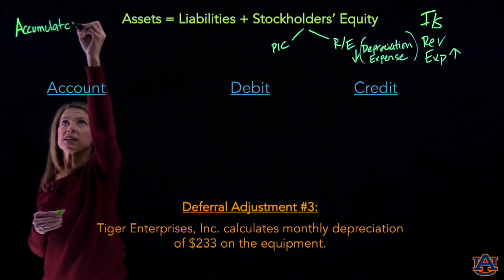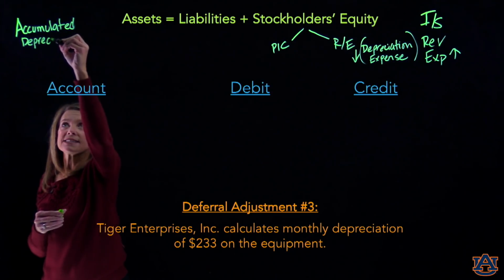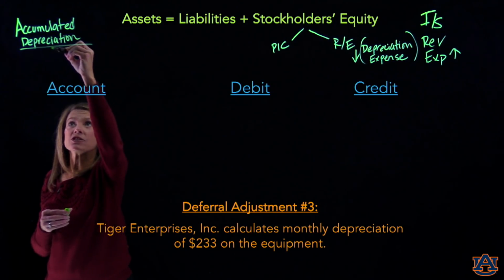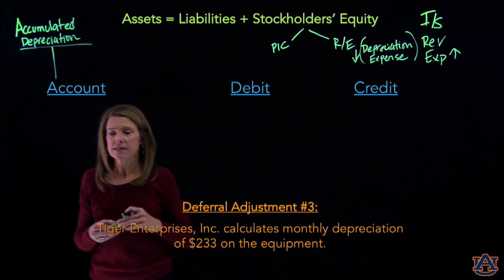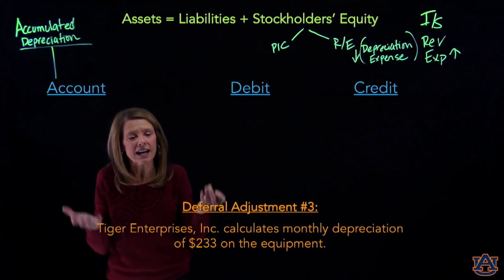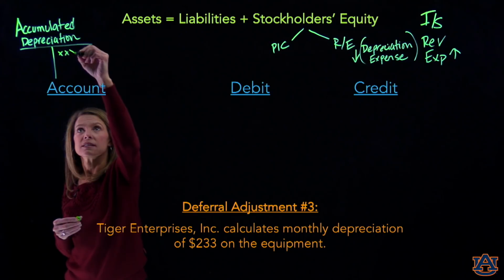So accumulated depreciation is a contra asset, which means it's going to appear on our balance sheet under assets. But what's really weird about it is that because it's a contra, because of its contrary nature, it's going to have a credit balance in it.